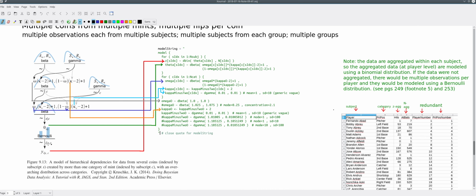So if we have, say, 15 types of players, I'm making it up, I don't know if it's really 15, but let's say it is 15, we would have 15 such beta distributions, one for each position. And then we are saying the omega c and the kappa c for each of these can be modeled by two separate distributions. The omega is modeled based on a beta distribution.